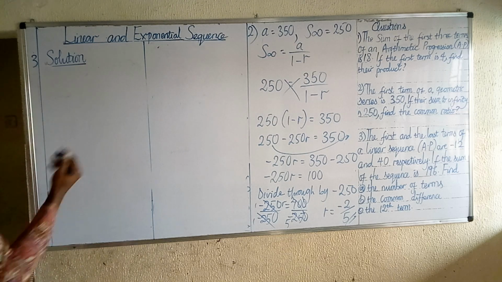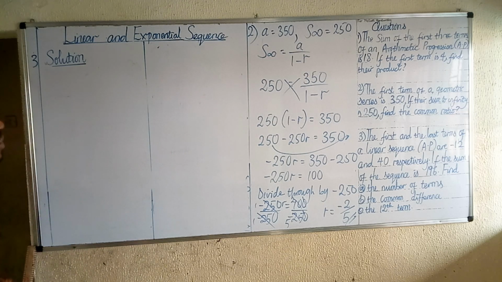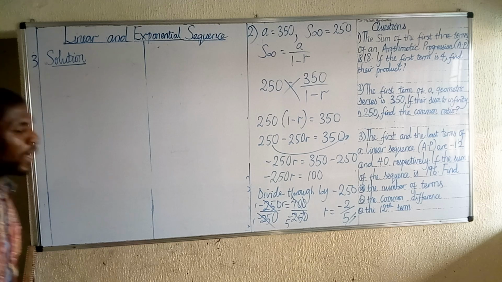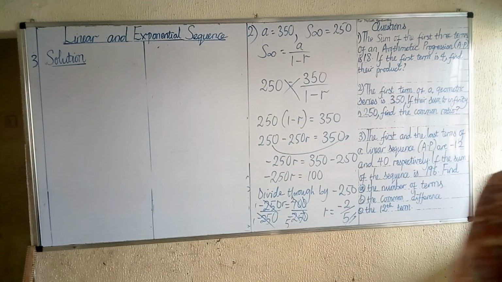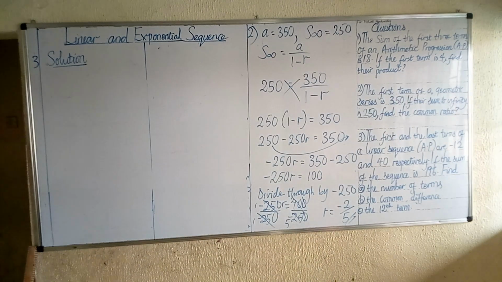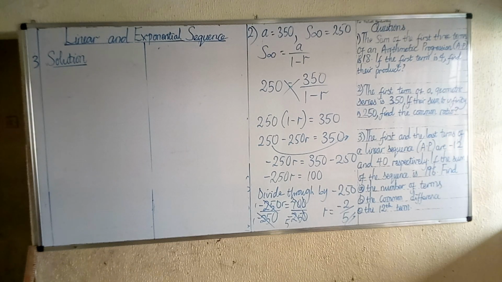So let's read. The first and the last terms of a linear sequence, AP, are negative 12 and 40 respectively.